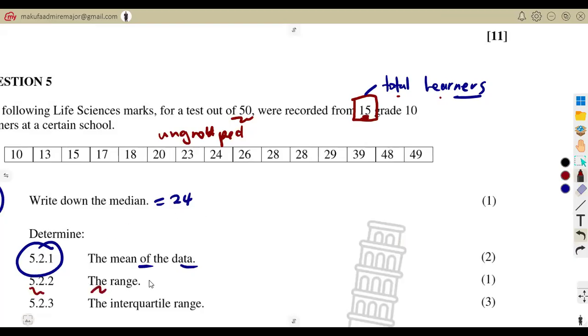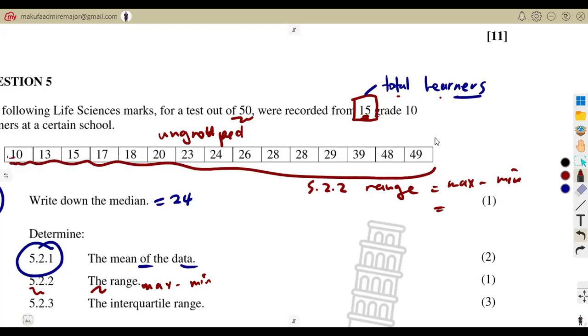5.2, the range. Whether you're talking about temperature range or wherever there is range, it is the maximum minus the minimum value. So what is the maximum value? That is our range: our maximum minus our minimum. The maximum value is the last value, going up from the minimum.